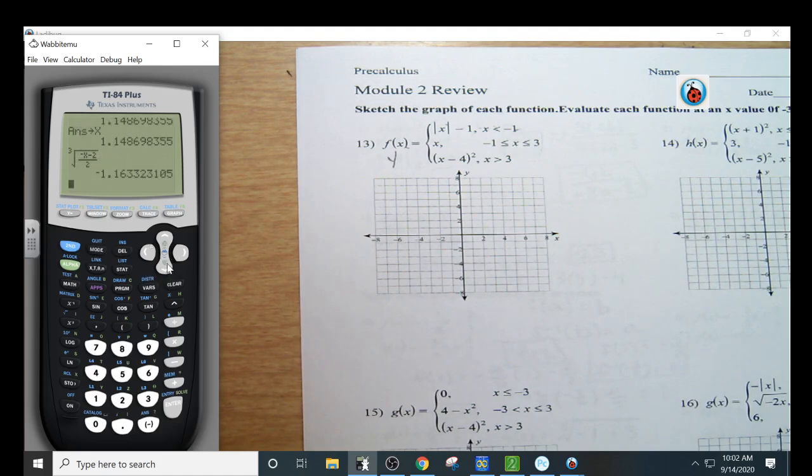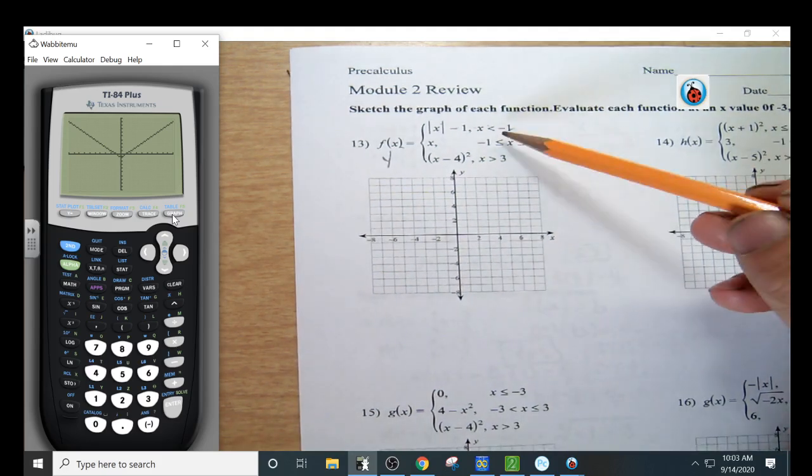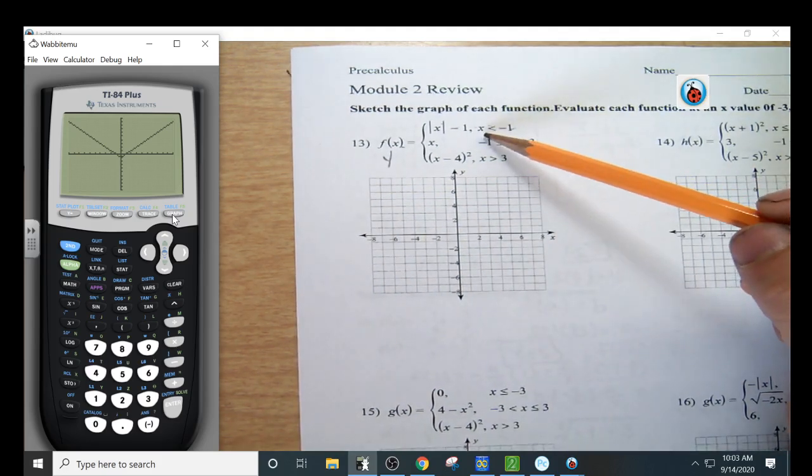So if I go to y equals the absolute value and graph that, all I care about, notice, is the part where it graphs when x is less than -1.